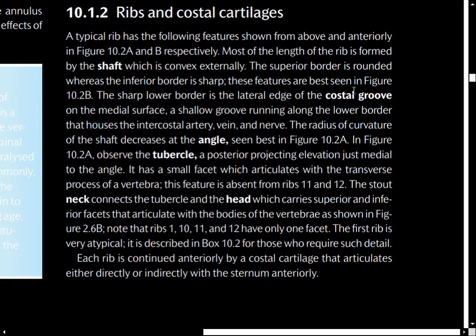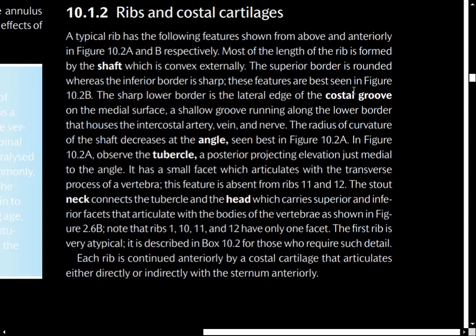This feature is absent from ribs 11 and 12. The stout neck connects the tubercle and the head, which carries superior and inferior facets that articulate with the bodies of the vertebrae, as shown. Note that ribs 1, 10, 11, and 12 have only one facet.